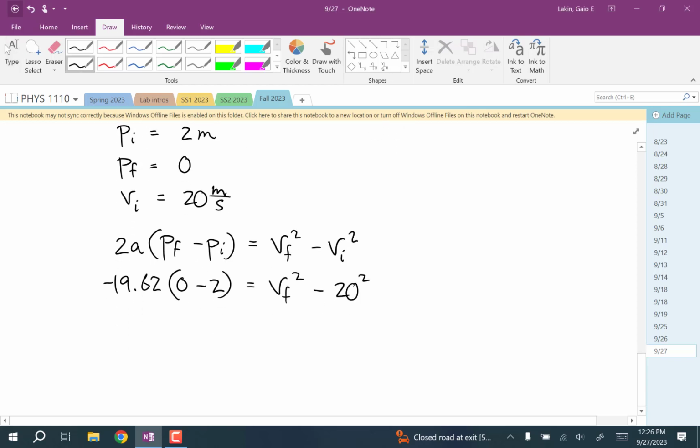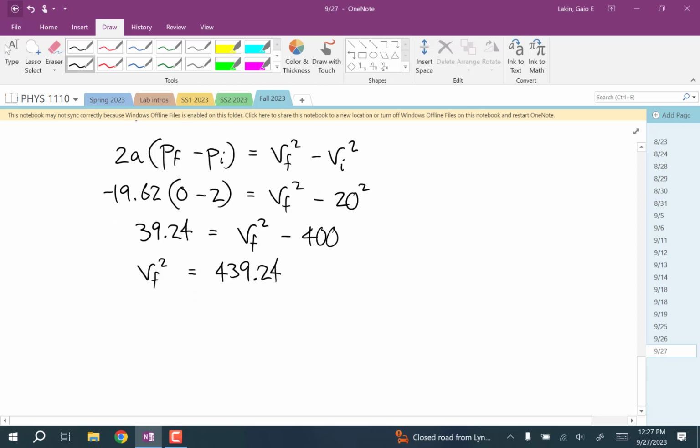And so negative 19.62 times negative 2 is positive 39.24. And that's equal to VF squared minus 400. Add 400 to both sides, and you get VF squared is equal to 439.24.